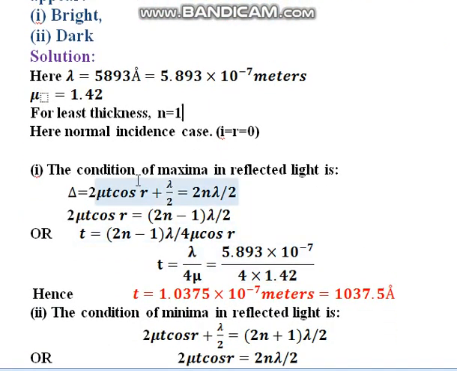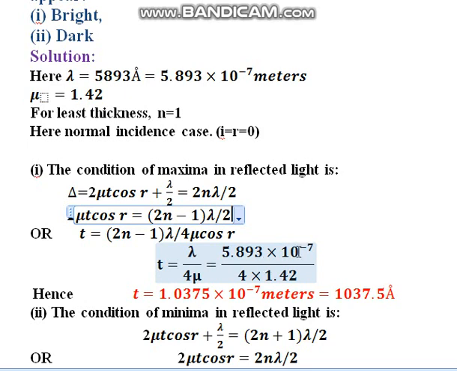The condition for maxima, the bright band in the reflected light, is that the effective path difference is equal to an even multiple of lambda by 2. This is the condition of bright. Solve it for the t value, putting cos r = 1 and n = 1. Then t = lambda upon 4 mu.